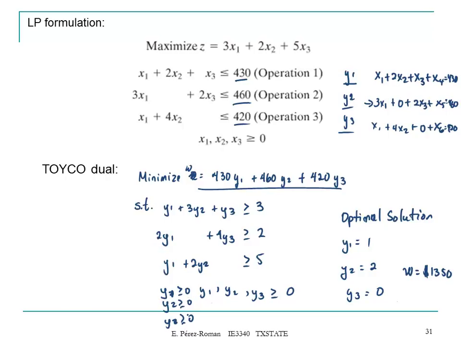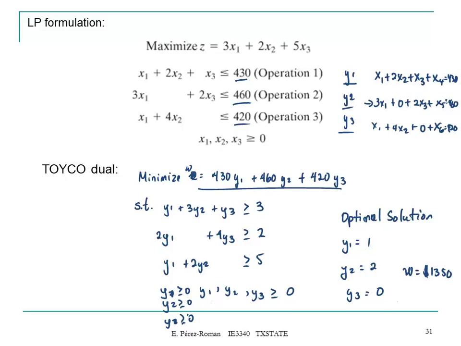You start with y1 plus y3, y2 plus y3 greater or equal to 3. Then for the second constraint, you have 2y1 plus 4y3 greater or equal to 2.